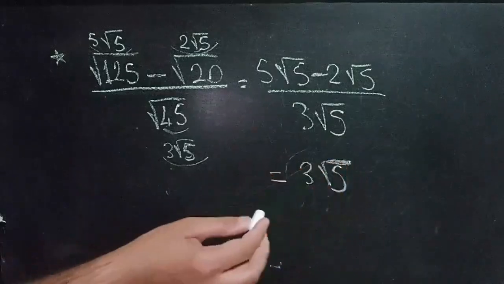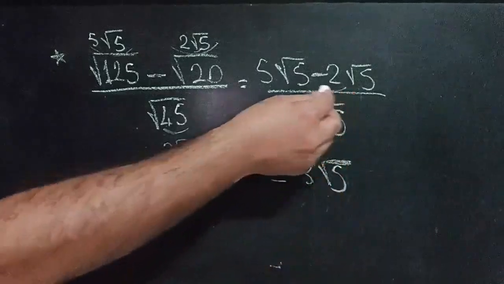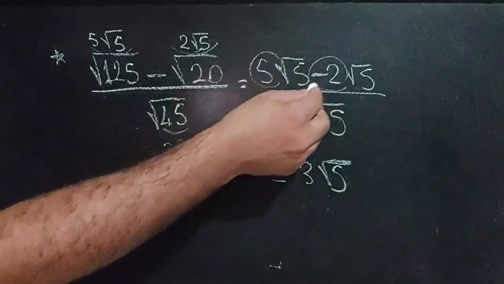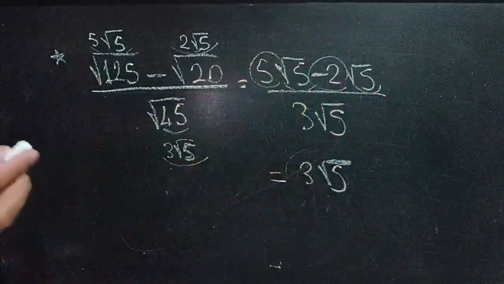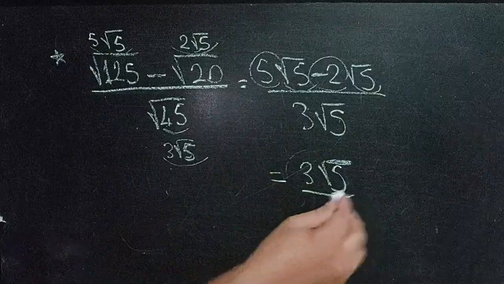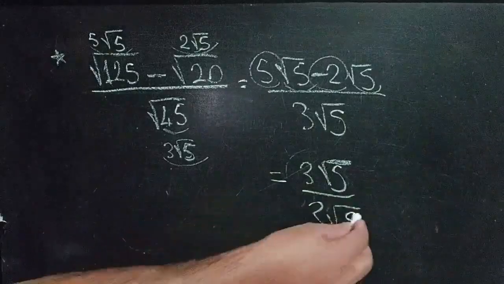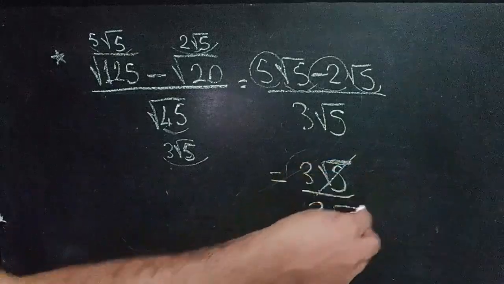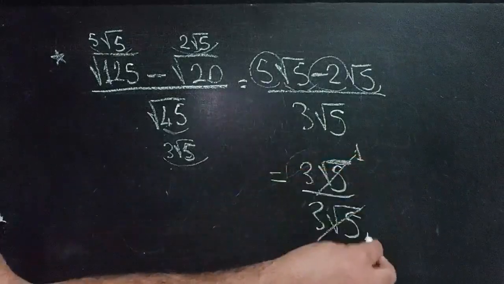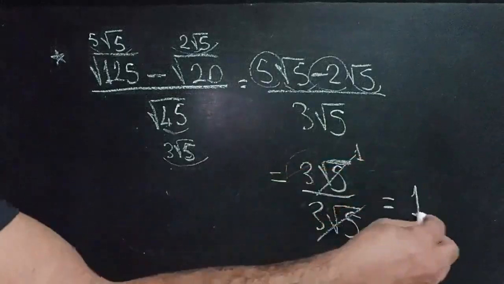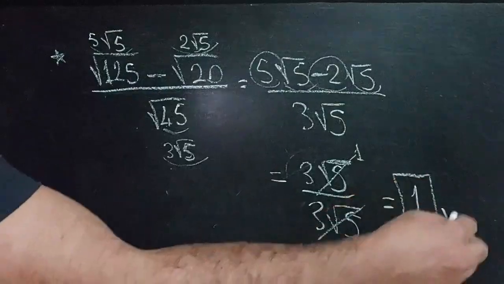You can't do it like that. You can add or subtract coefficients to each other if you have the same square roots. Alright, over 3 square root 5. Now you simplify, both of them are the same. That will be 1 over 1, which is going to be 1.